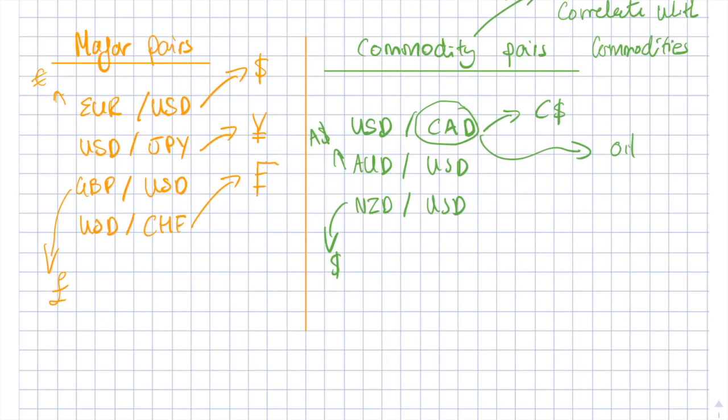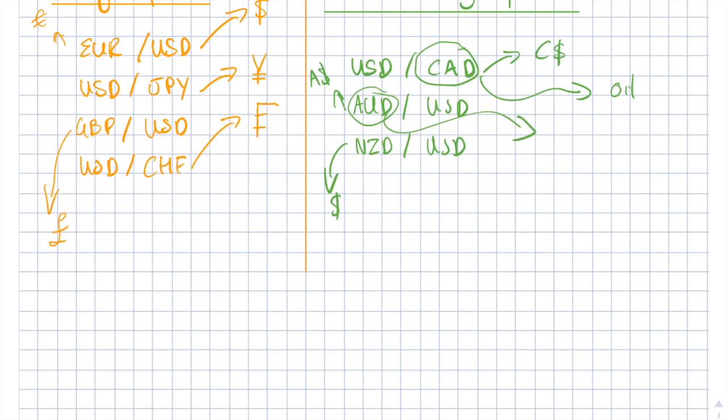And moving on to the Australian dollar, which is affected by the mining industry of Australia, because a very large proportion of their GDP comes from the primary sector and the mining industry of coal and iron ore.